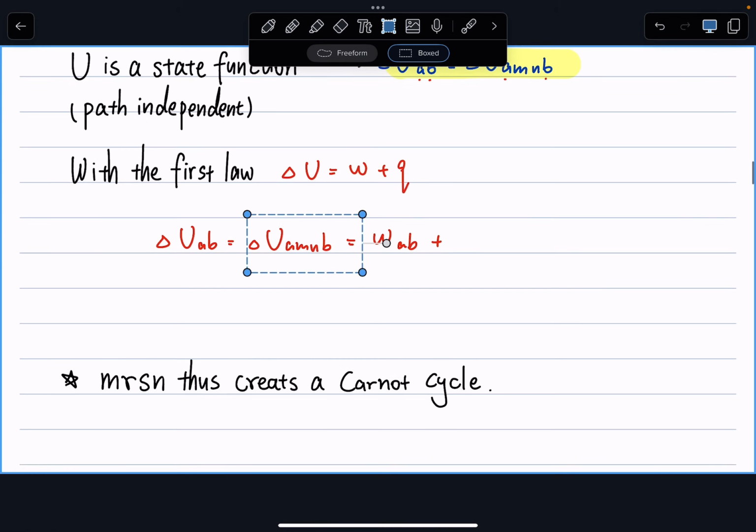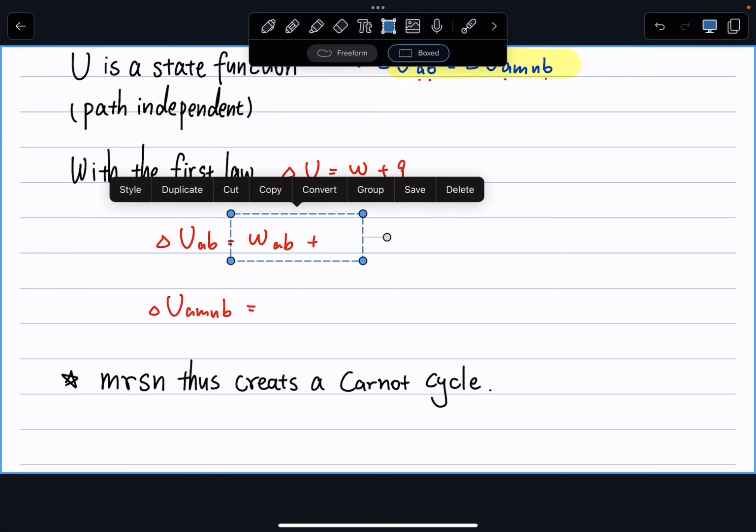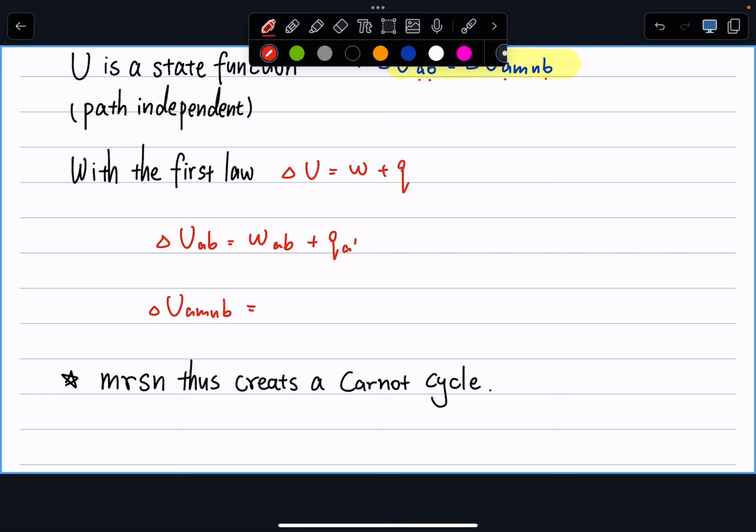Let's do it this way: delta U_AB equals W_AB plus Q_AB, and delta U_AMNB equals W_AMNB plus Q_AMNB.